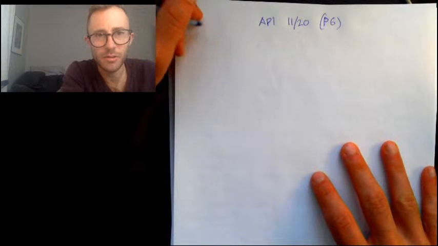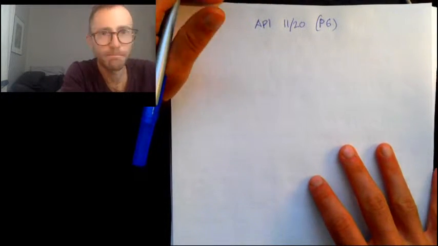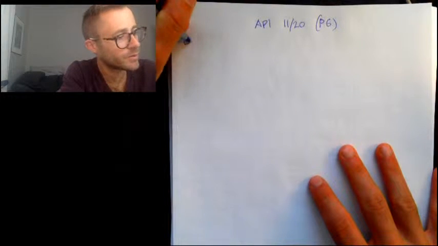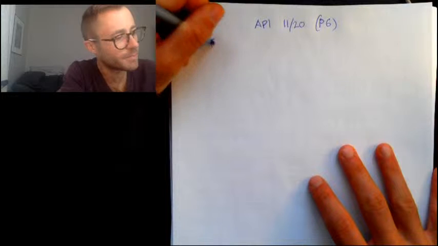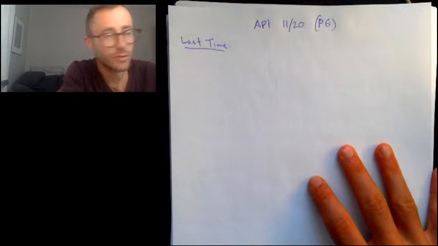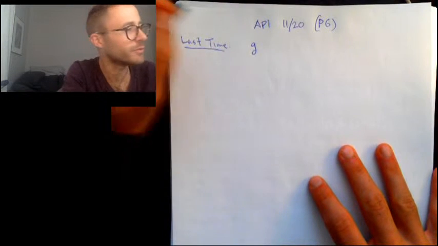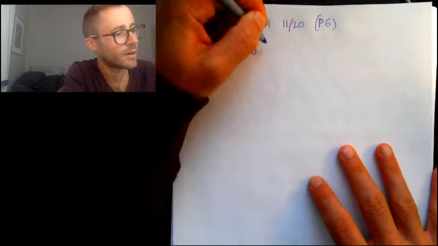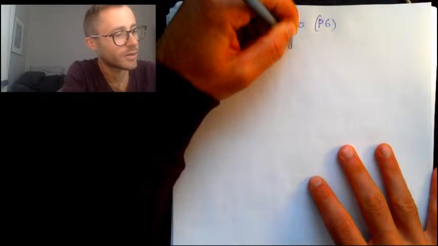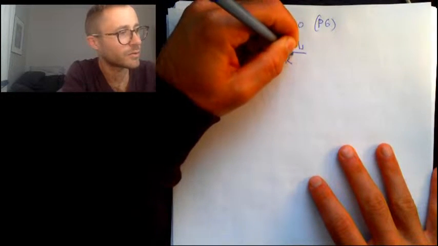So I'm going to talk a little bit about last time's lesson, which was a pretty significant lesson. Last time we learned Newton's law of universal gravitation, which gave us an equation for the gravitational field. The equation was little g equals big G times big M over R squared.